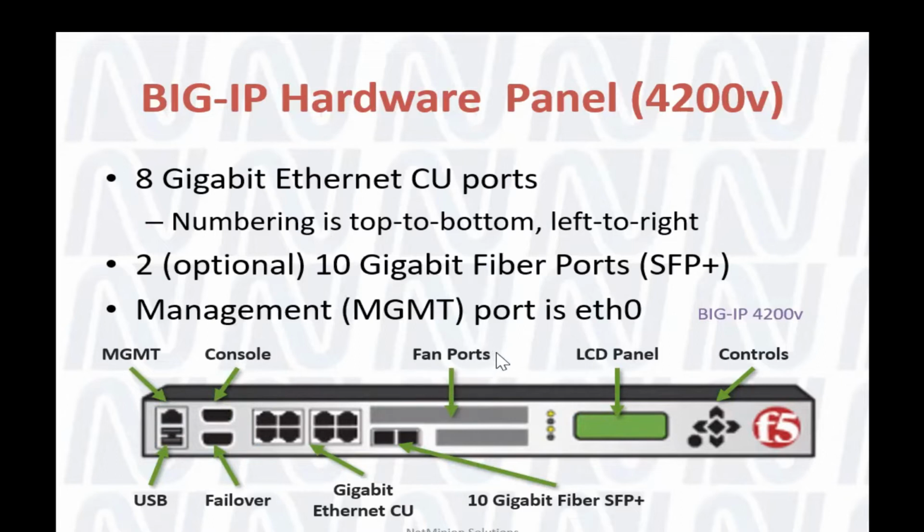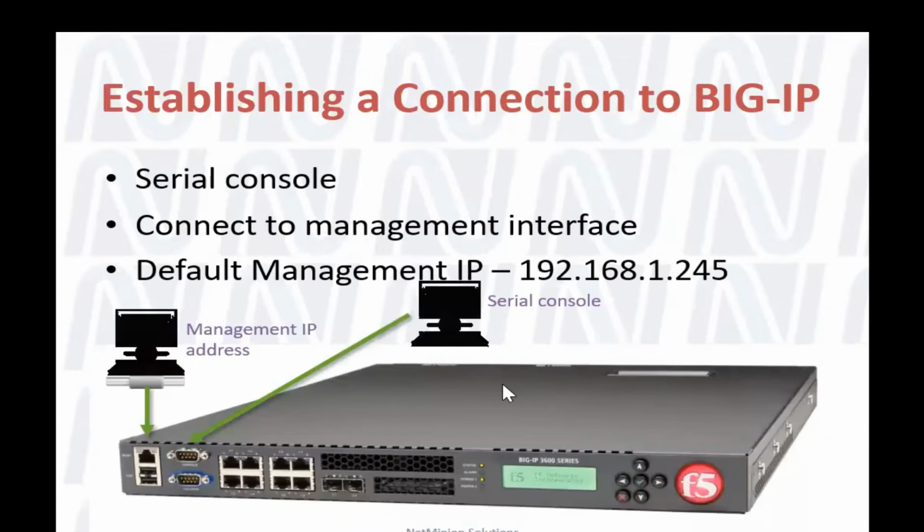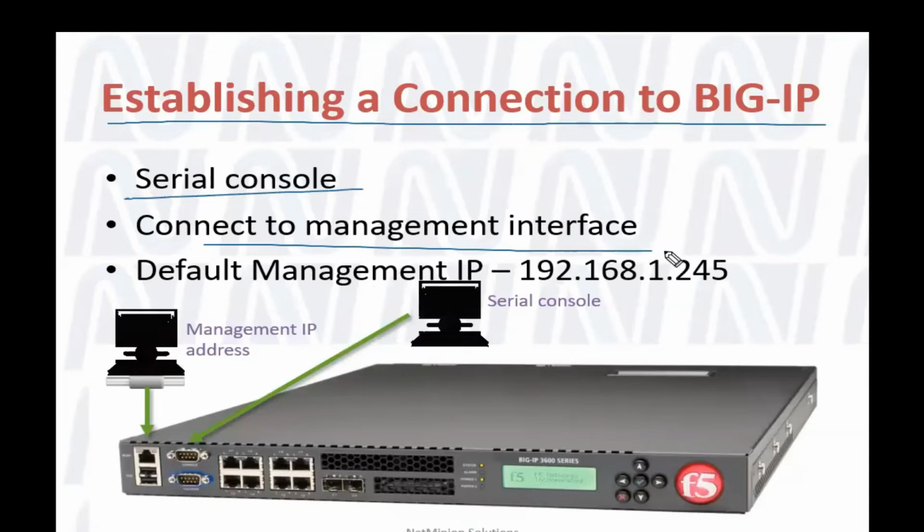But these are the things you should be aware of, that there are 4 common VLANs that would be in use sooner or later. Then if you need to connect to the BIG-IP, you can go through the serial cable, or you can go through the management port, and the default management IP is 192.168.1.245.